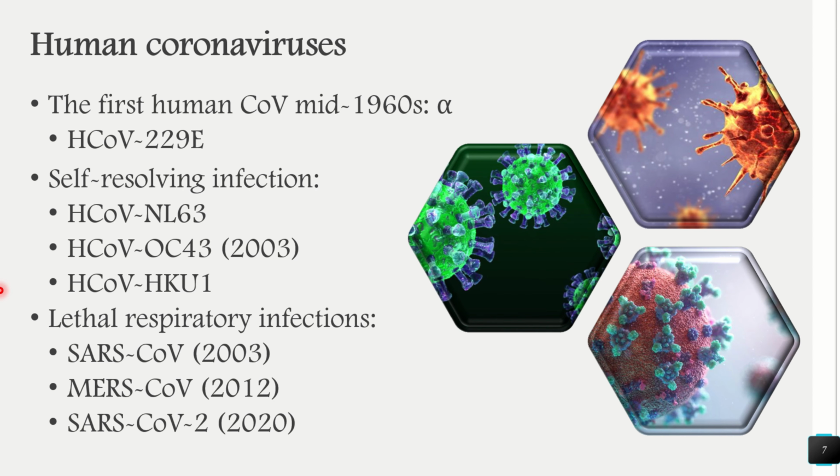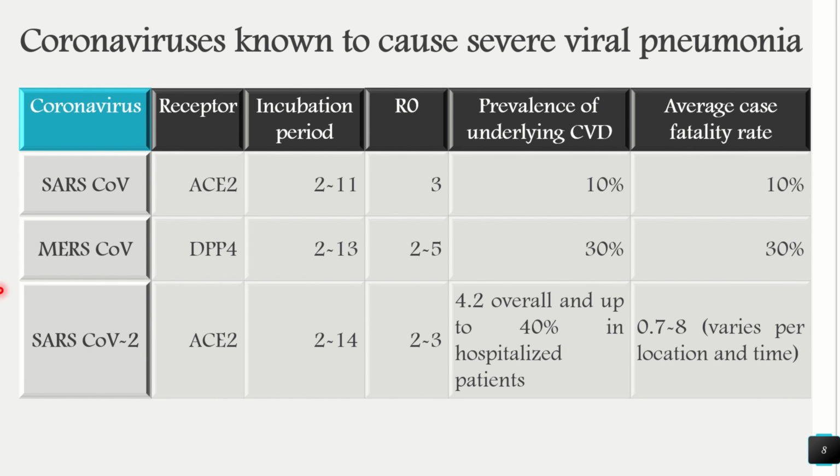This is a comparison of the 3 coronaviruses known to cause severe viral pneumonia. Severe acute respiratory syndrome coronavirus 2 has 89% nucleotide identity with bat severe acute respiratory syndrome-like coronaviruses, and 96% with the human severe acute respiratory syndrome coronavirus discovered in 2003. It is less genetically similar to MERS-CoV, around 50% nucleotide identity.